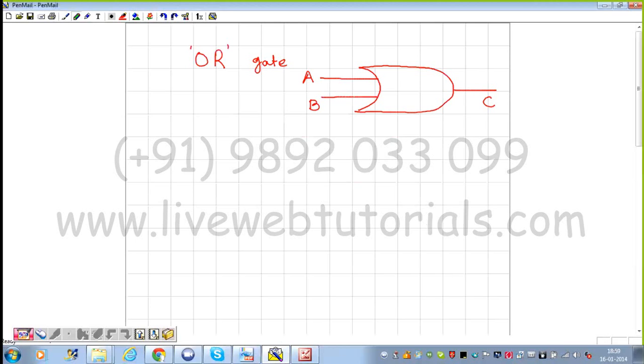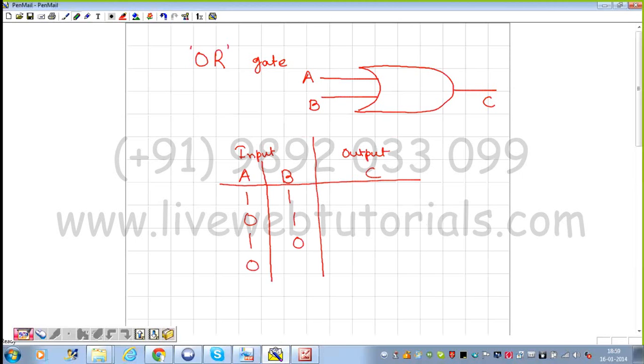Now, as the word OR suggests, it means either this or this. If any one of these having signal 1, then the output is going to be 1. So on the basis of this, we are going to prepare the truth table. First, the input is there. So 1 1, 0 1, 1 0, 0 0.